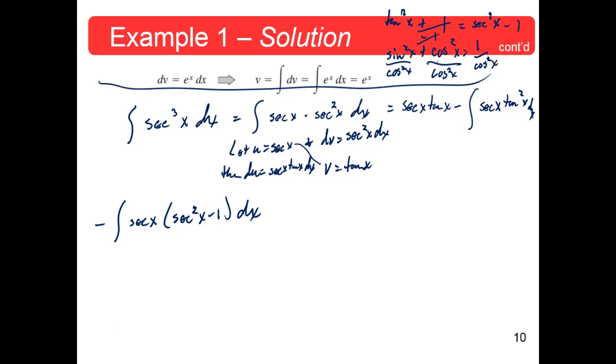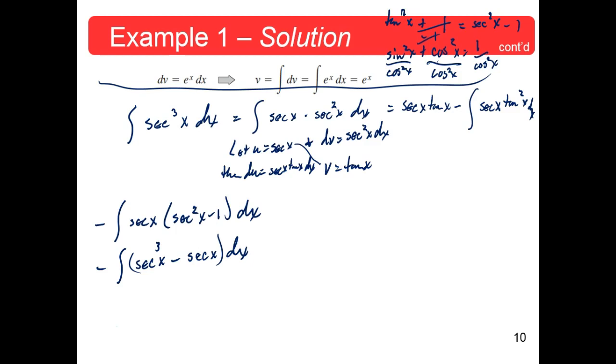Oh, but wait. What does this give us? Minus the integral of secant cubed x. It seems like we've been here before, doesn't it? Minus the integral of secant x dx.